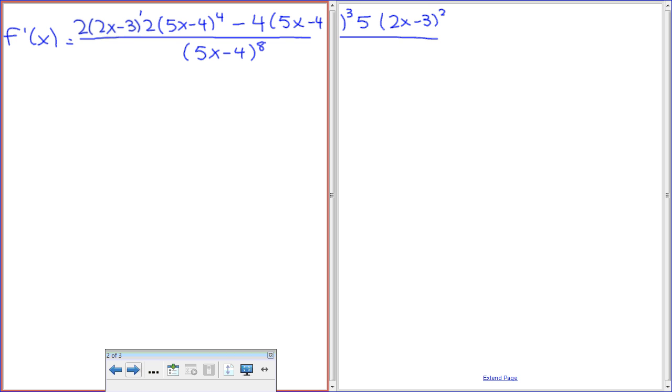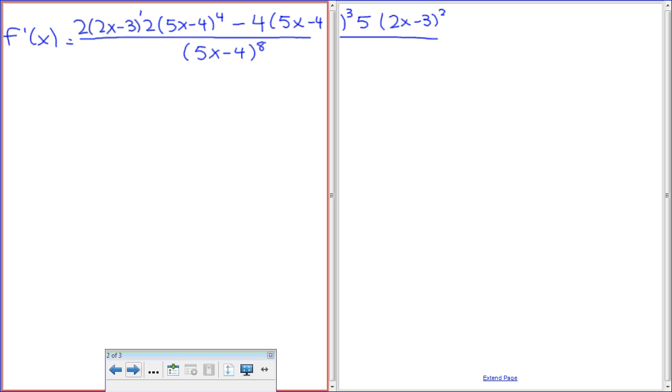When I did it yesterday, I thought you did the derivative of the other side. No, you do the derivative of the bracket, right? So the 2 comes down here, then you do the derivative of the bracket, which is just 2.